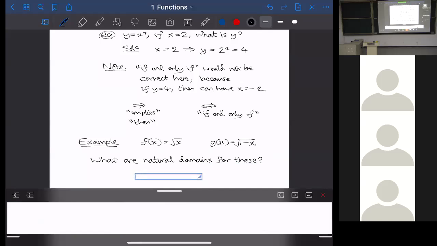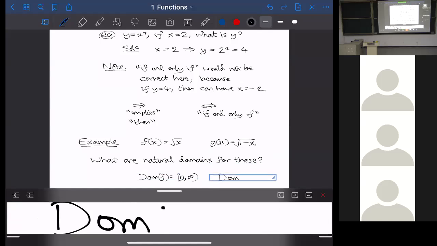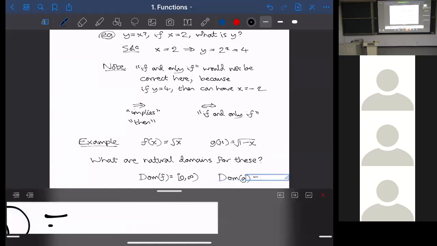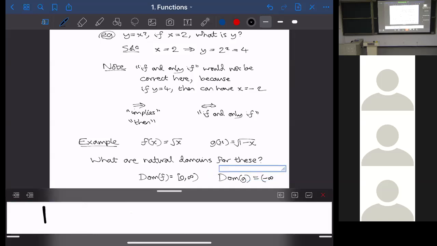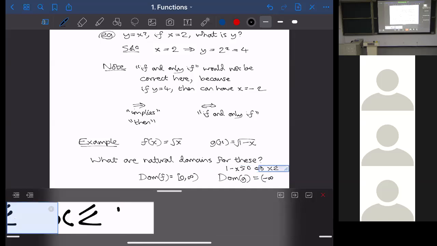Well, the natural domain of Fx is positive real numbers and 0. So the square root of X exists. The natural domain of G, let's see, we want 1 minus X to be greater than or equal to 0. Which is the same as X less than or equal to 1.